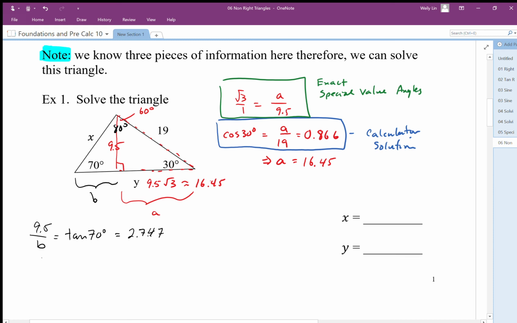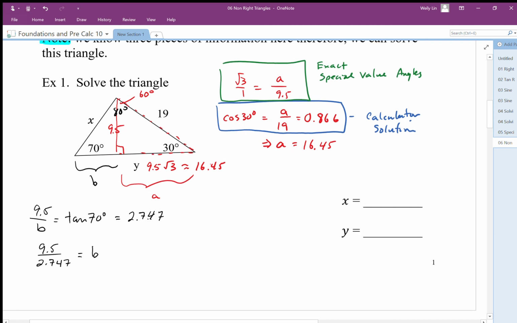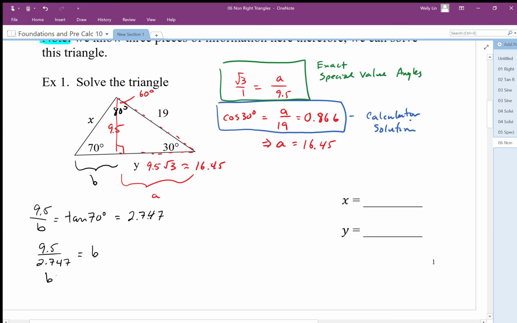Then solving for B algebraically, I get 9.5 divided by 2.747 is equal to B, and the length of B that we get is 3.457, so I'm going to round that to 3.46.